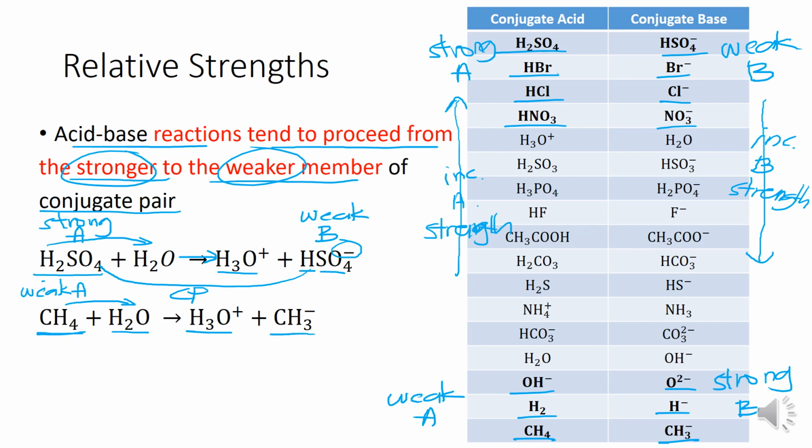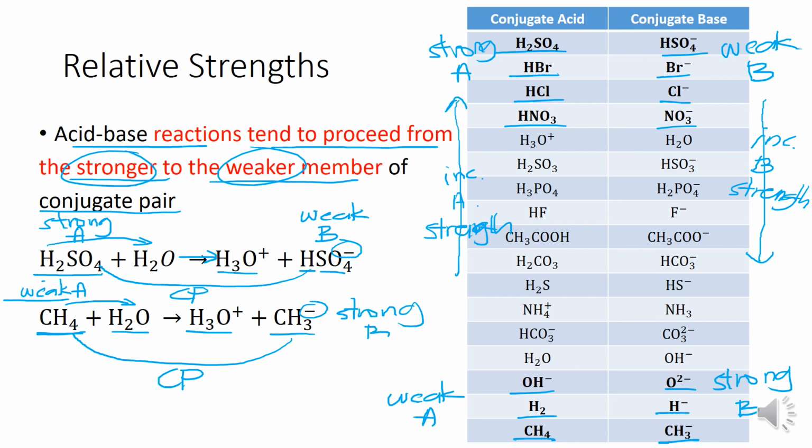Methane is neutral, but it lost a hydrogen ion, so that is 0 minus positive 1. Therefore, the charge of methyl is negative 1. Now, methyl is produced from methane, right? So these two substances form a conjugate pair.